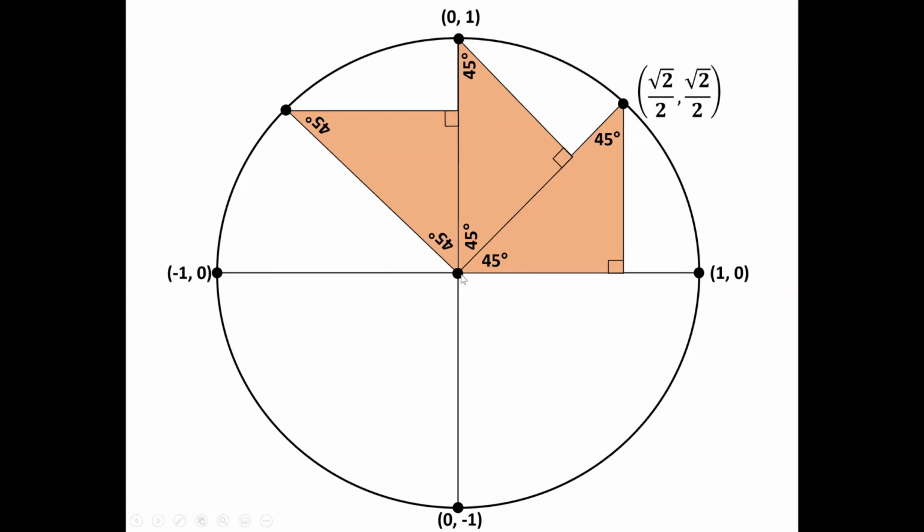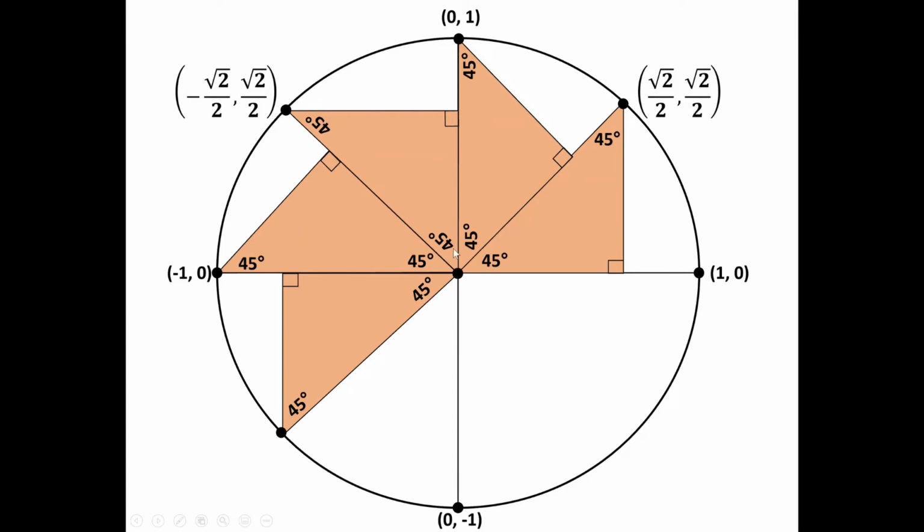But now I am moving this many units to the left and this many units up, which means I am moving left negative square root of 2 over 2 units, up square root of 2 over 2 units. So notice that in this second quadrant, I have the same values for x and y, but the x value is negative because I'm moving left. And then here I've rotated it again. The hypotenuse is the length of that radius right there.